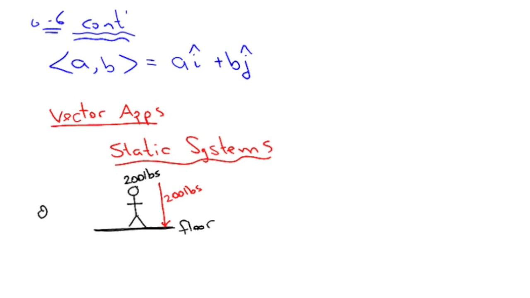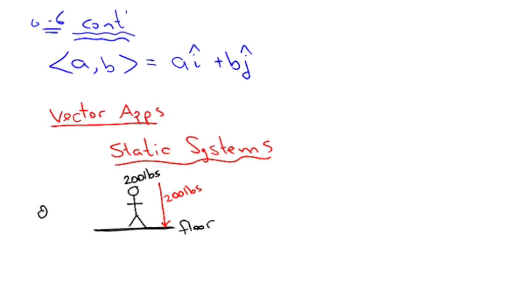Okay. Now, if you have a vector of 200 pounds facing straight down, your body is going through the floor. So something else has to be happening. What else is happening as you're standing on the floor, besides your weight pushing down on it? There's a force being pushed back up. Laws of physics.